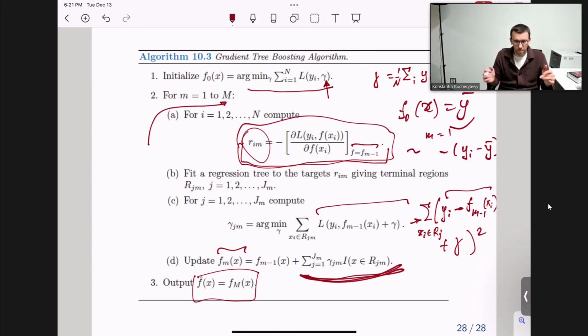I followed these books that are usually cited as the source of the most thorough explanation of all these algorithms. If you Google gradient boosting on the internet, you will find several excellent resources that give you just step-by-step examples of how it works.